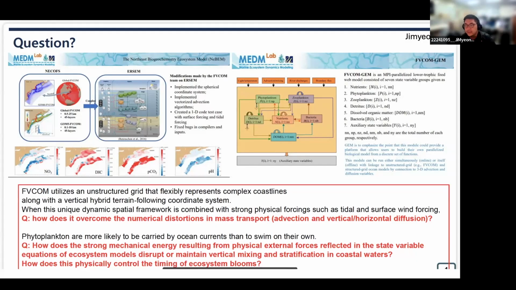Second, phytoplankton are more likely carried by ocean currents. So I wonder how they are controlled by vertical mixing and stratification in coastal water, and how does this physically control the timing of ecosystem blooms. That is my second question.